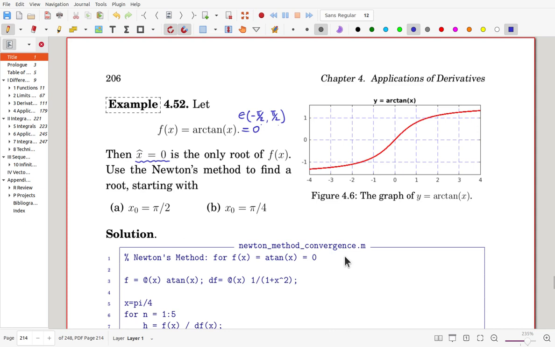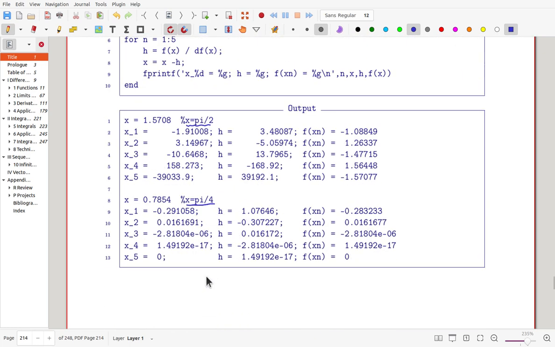In fact, one order higher than the mathematically expected order is called superconvergence. Because of symmetry, it has some superconvergence. And also the same here, f of xn is now 10 to the minus 2, 10 to the minus 6, and 10 to the minus 17, which is almost the cubic convergence.